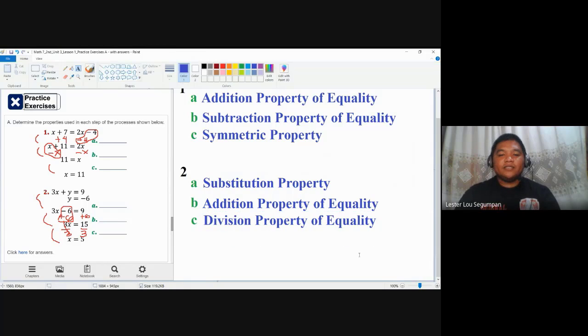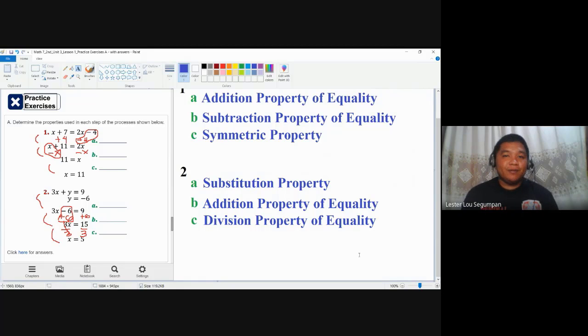These are the properties of equality present in the processes for number 2. Do not worry if you were not able to see the reflexive, transitive, multiplication, and square roots properties. They may be used later on as we go to solving linear equations in one variable, and even as you go later on in higher mathematics subjects.